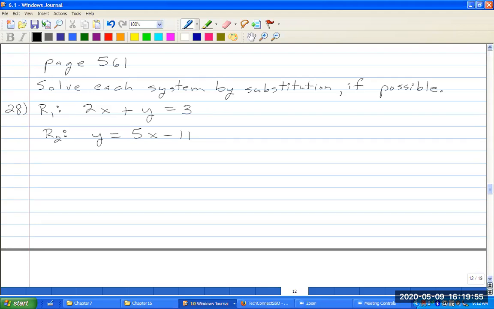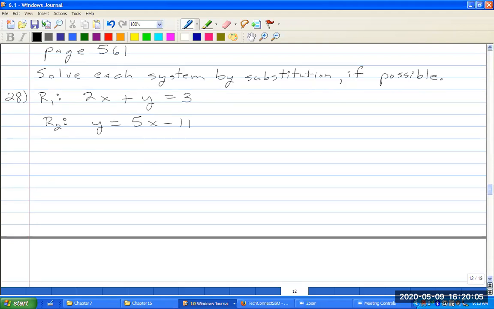Again, I just call these R1 and R2 so that I can refer back to them. First, I want to determine an equation such that it's easy to solve for one of the variables.